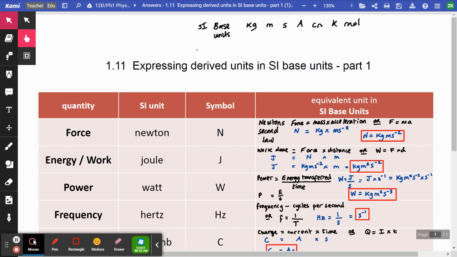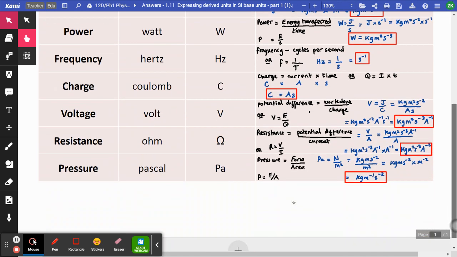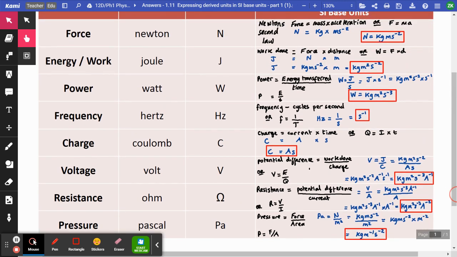So when we end up with an answer, the answer should only have kilograms, meters, seconds, amps, candela, Kelvin, or moles. So if you see any of those, you don't need to expand any further. Okay, right. So that's done.